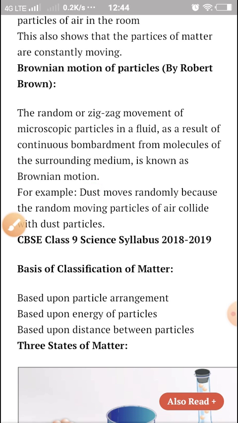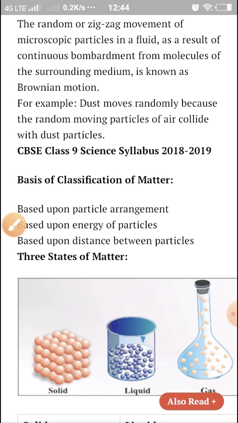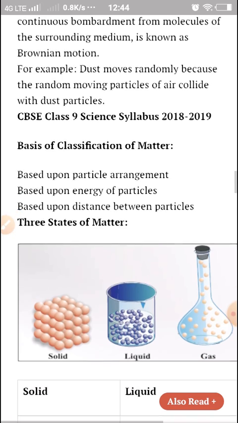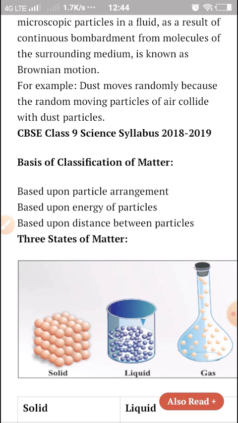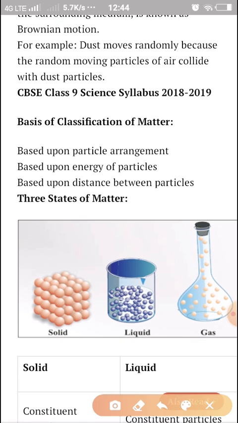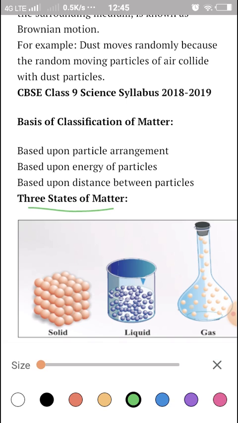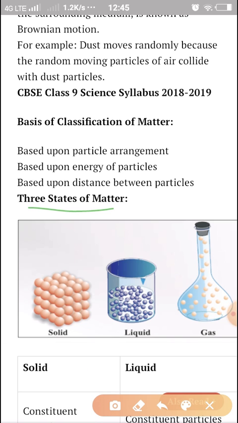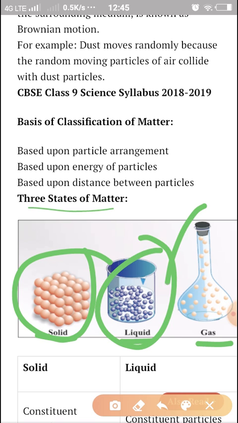Now we have the basic classification of matter, based upon particle arrangement, energy of particles, and distance between particles. We have three states of matter: solid, liquid, gas.